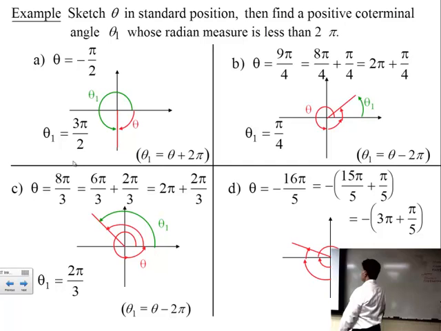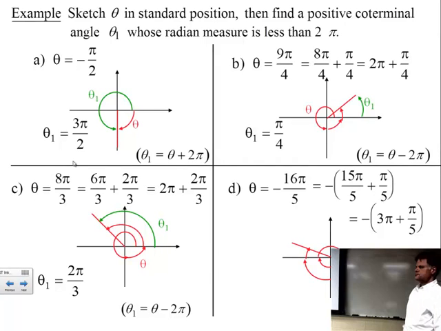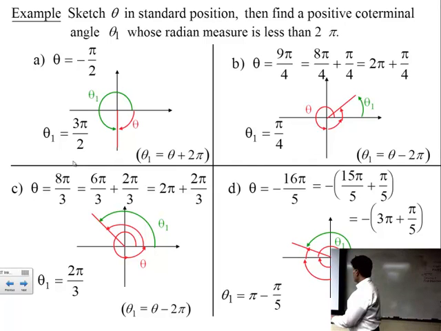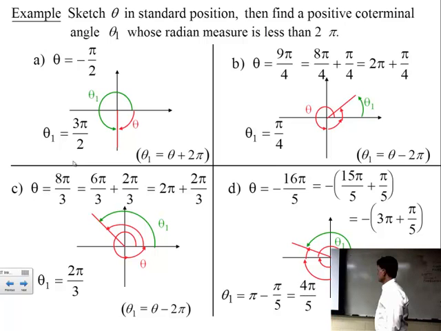Okay. So what's theta 1 now? Four pi over 5. So that's pi, so that's got to be 4 pi over 5. So theta 1 is pi minus pi over 5, because we're doing the same thing, and so that's going to be 4 pi over 5.